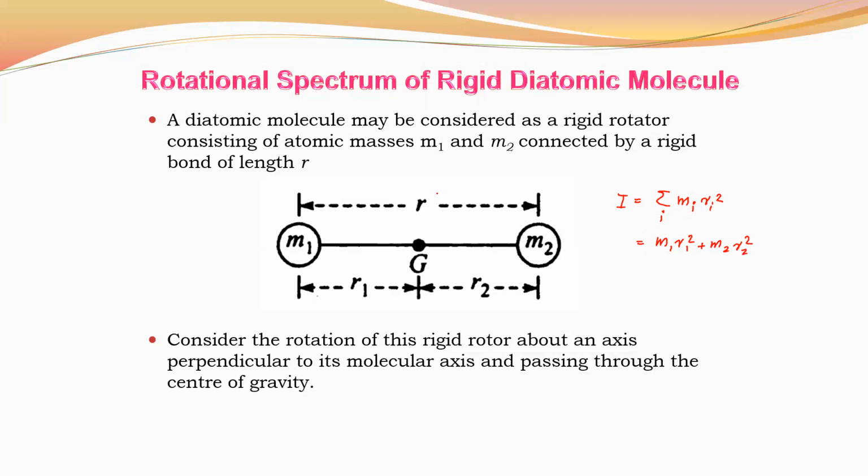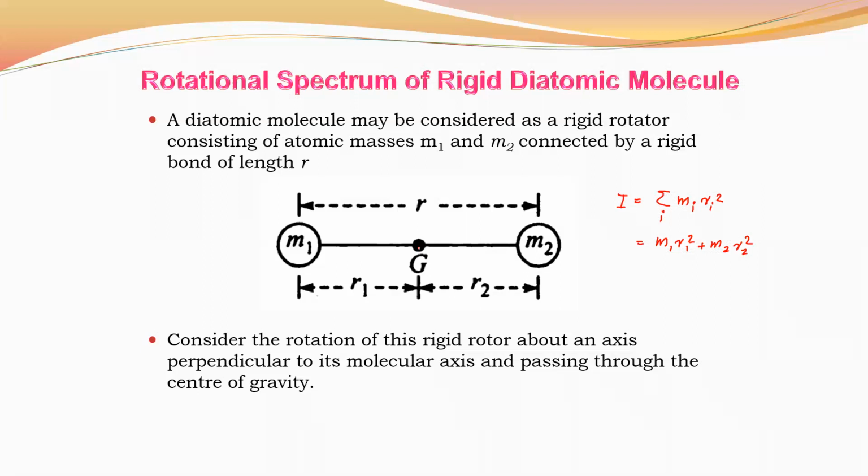Okay, and here also we know that G is the center of gravity. If it is the center of gravity, then the principle of moments says that the clockwise moment must be equal to the anti-clockwise moment.